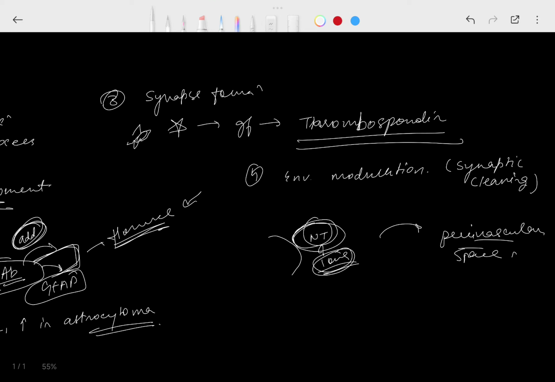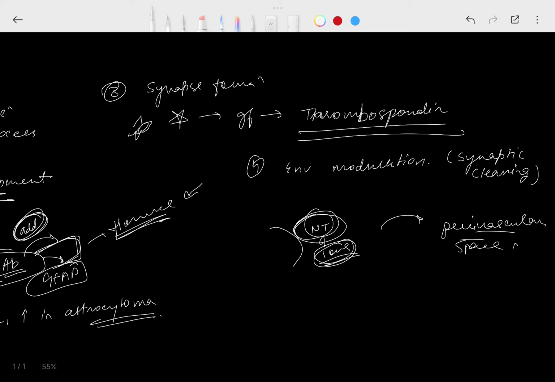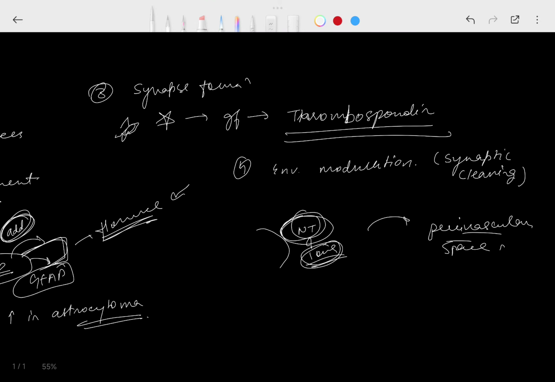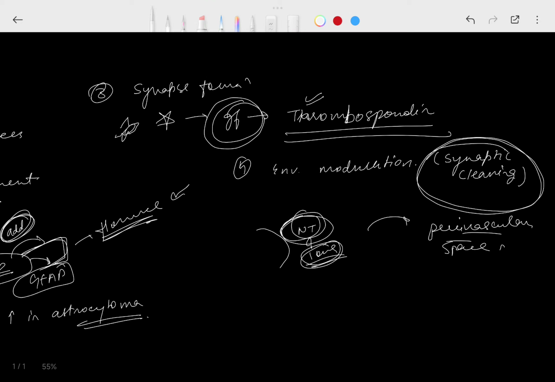So what does the astrocyte do? Its most critical function is formation of the blood-brain barrier. It is also called a radial glial cell as it forms the pathway for neuronal migration during development. It forms synapses through release of the growth factor thrombospondin, and it clears the synapse, that is environmental modulation, by moving neurotransmitters into the perivascular space.